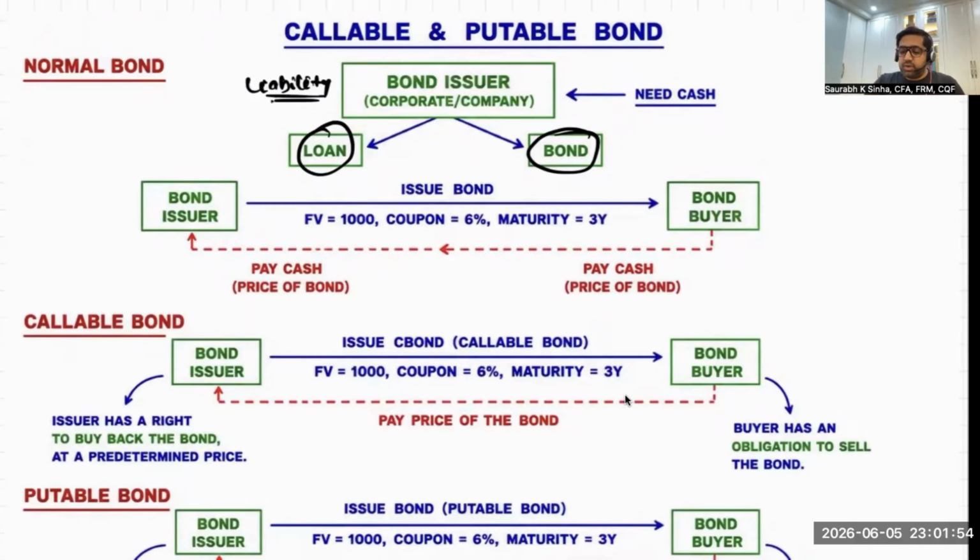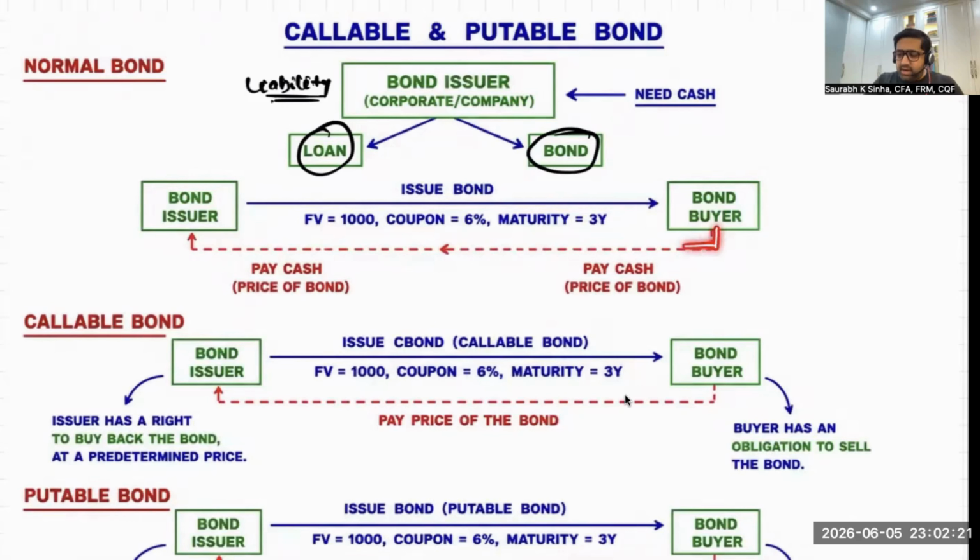So a bond issuer will issue a bond, and say the characteristics of the bond are face value 1000, coupon 6%, maturity 3 years, and coupon frequency annual. If they issue the bond, the bond buyer will purchase the bond and pay the price of the bond, the market price of the bond.